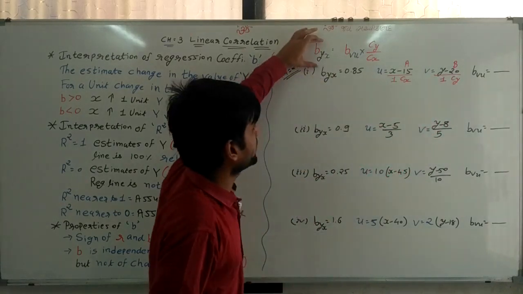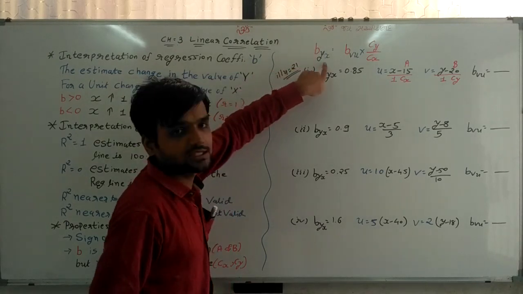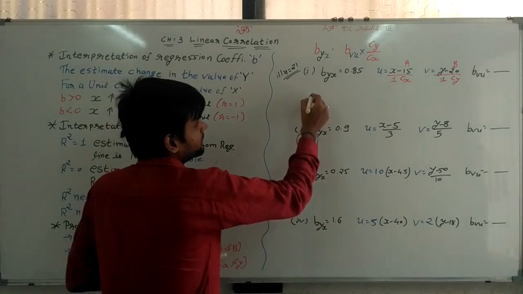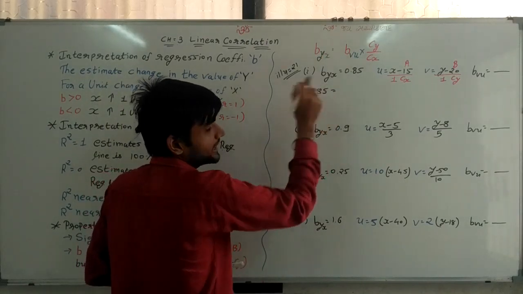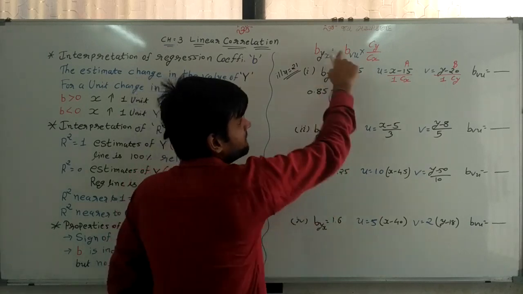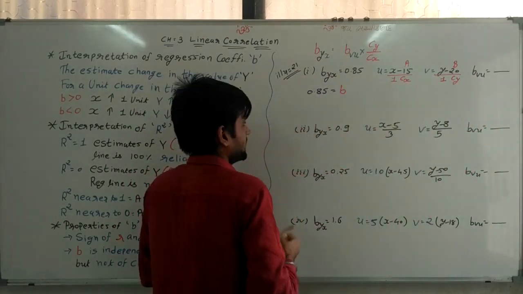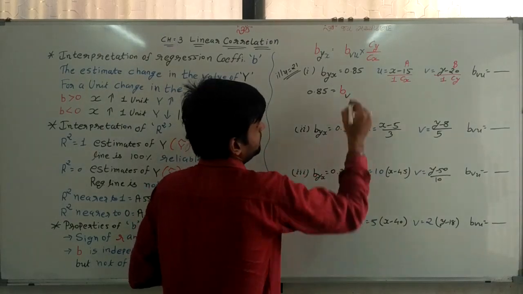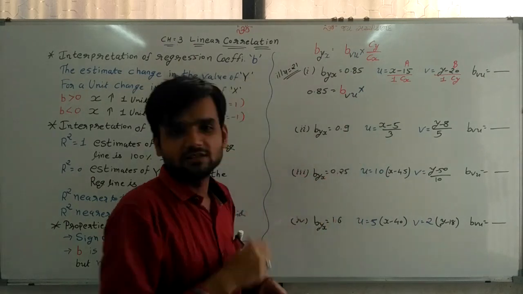Now we are putting values in this formula. First of all, write byx is equal to 0.85. Write it down. Is equal to bvu, which we need to find, multiplied by cy upon cx.